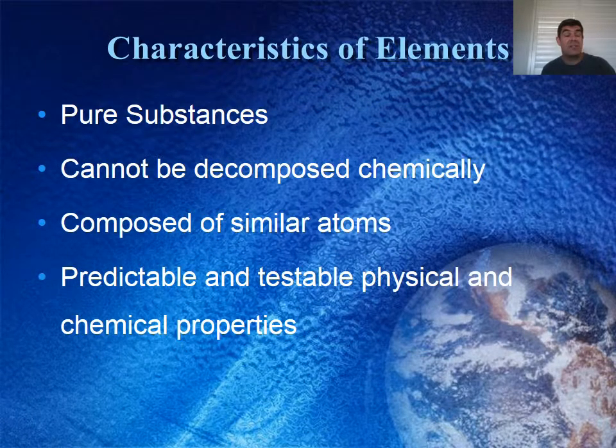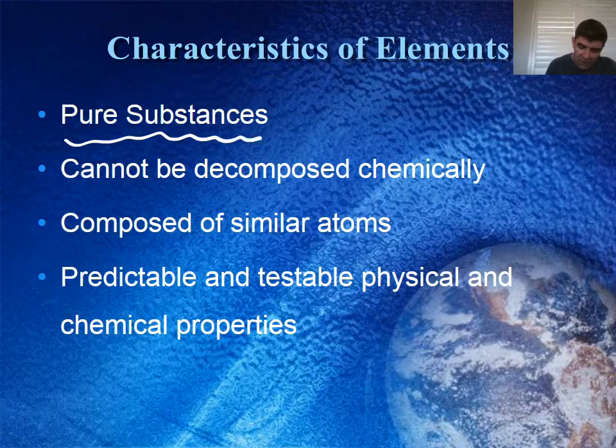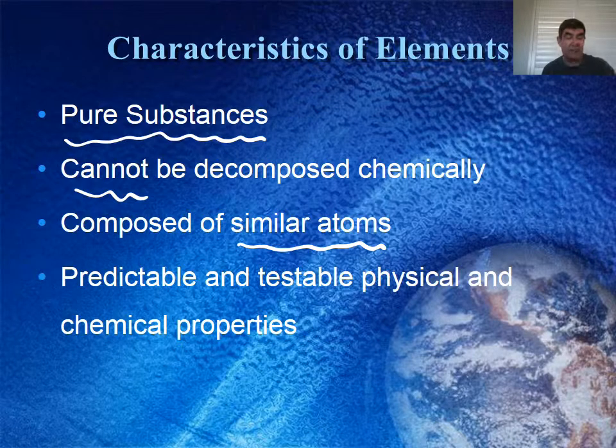When we're looking at elements, there's a couple of important things that we need to be aware of. First of all, they are one of the group of pure substances, which also include compounds. The difference between elements and compounds is that elements cannot be decomposed chemically, certainly not with any simple chemical methods that we can use in the laboratory. One of the reasons for that is that they are composed of similar atoms. We don't identify them as identical atoms, and there is a reason for that later on, related to the concept of isotopes.